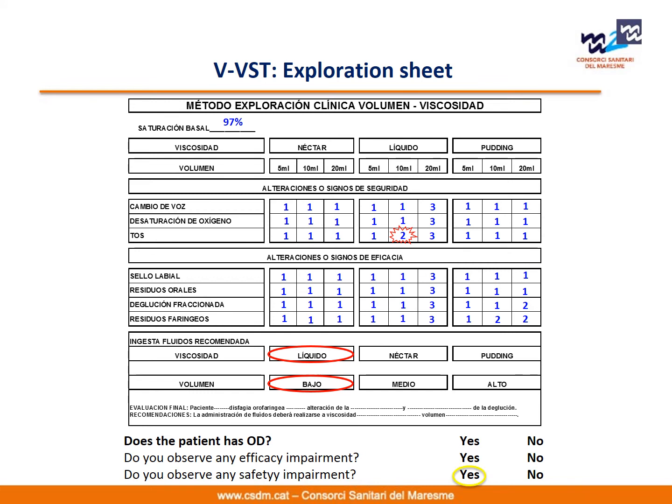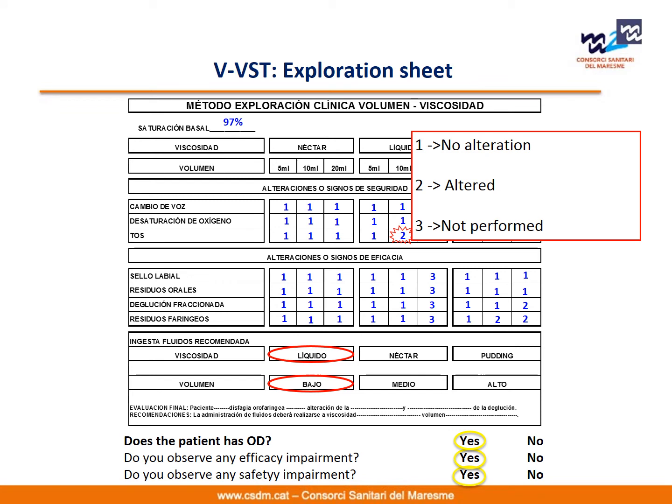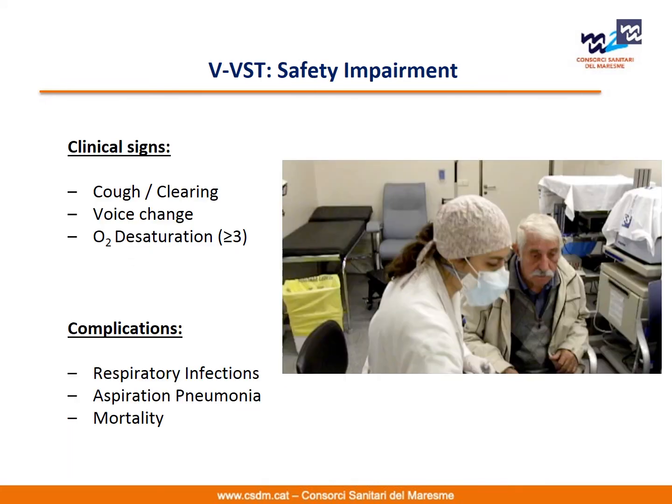So yes, there is safety impairment, there is efficacy impairment, and our patient has OD. We will use a number 1 to say that there's no alteration, a number 2 to mark something that's altered, and a number 3 if we are not performing that part of the test.